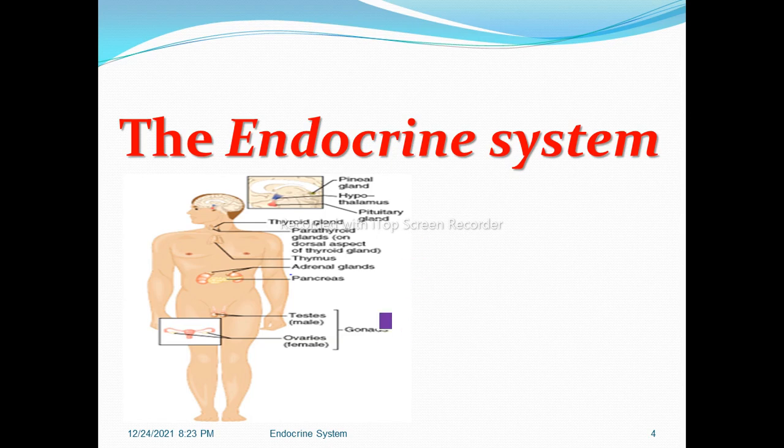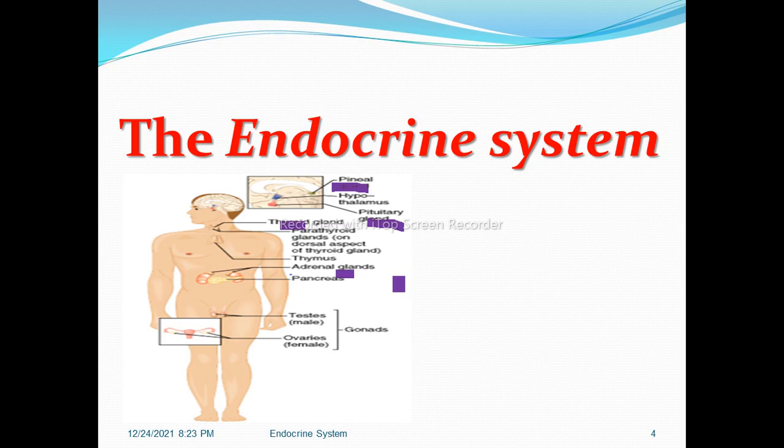As we know, the endocrine system includes the pineal gland, the pituitary gland, the thyroid gland, the parathyroid gland, and the adrenal gland. We can classify the endocrine system into two: pure endocrine glands and mixed.